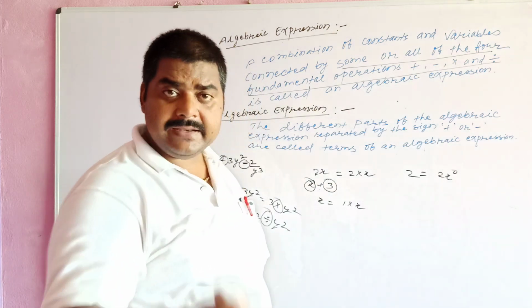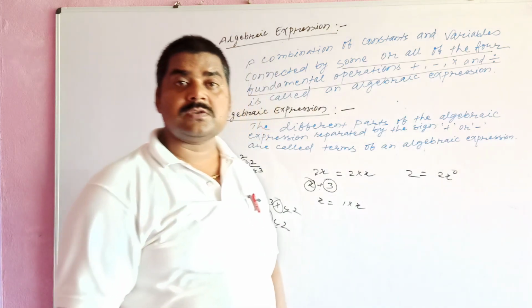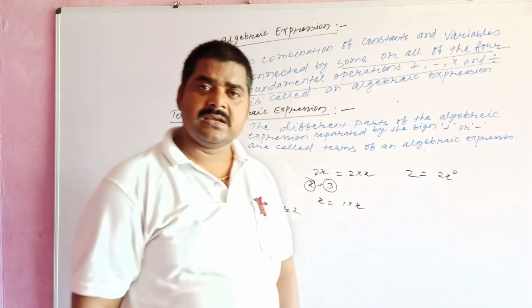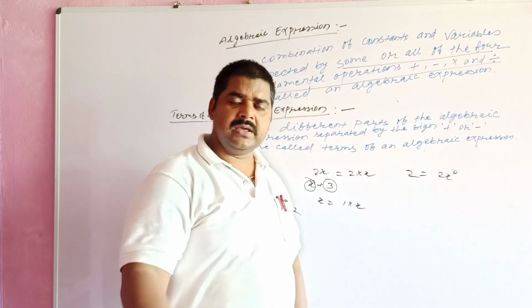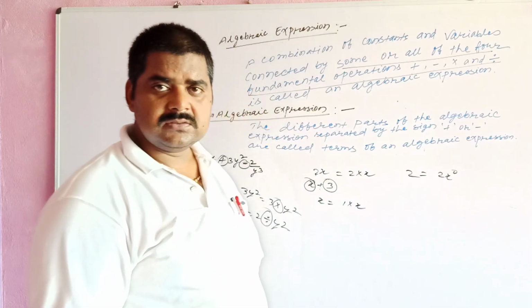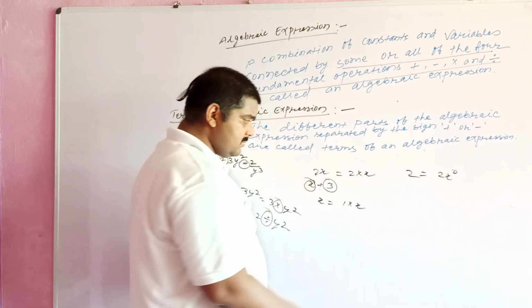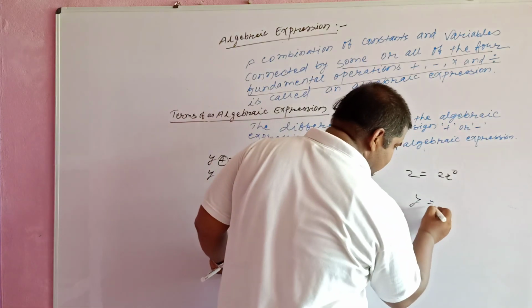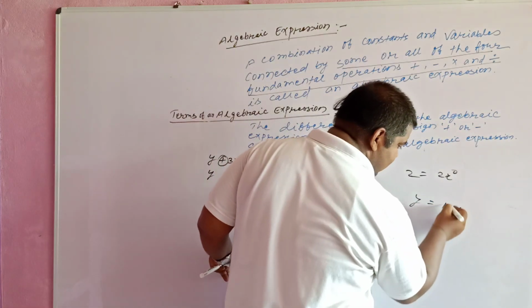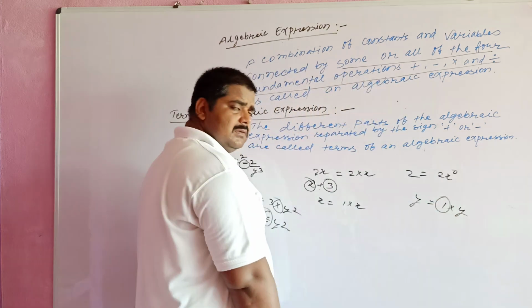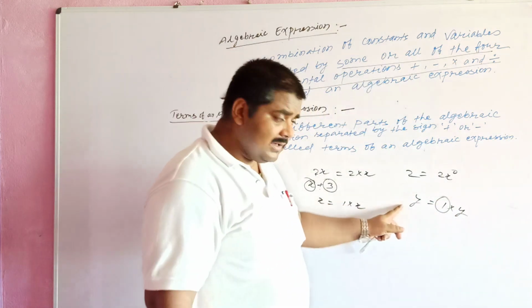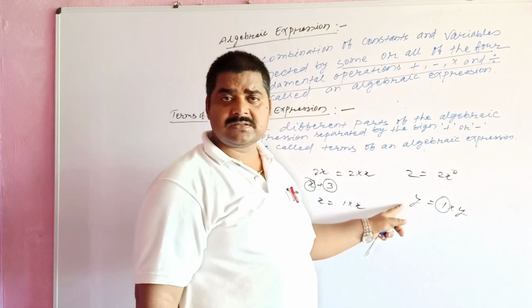One thing I remind you, a variable cannot be without a constant, and a constant cannot be without variables. Let's check. If you write y, it means 1 into y, and there is a numerator which you don't see in this format.